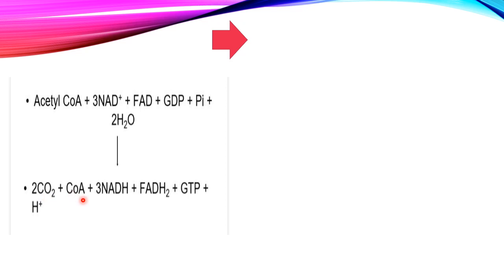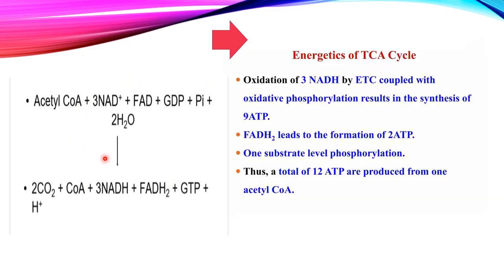Then we have CoA released in the conversion of succinyl-CoA to succinate. There are 3 NADH generated in various steps, which I had discussed in the earlier slides, and one FADH2 molecule is generated. One substrate level phosphorylation occurs when succinyl-CoA is converted into succinate. This is the general energetics of the TCA cycle.